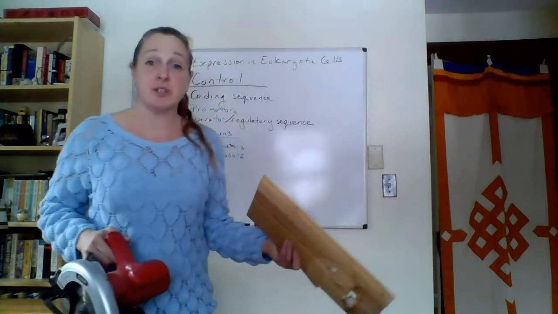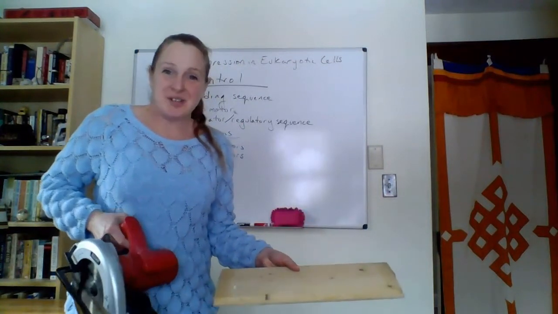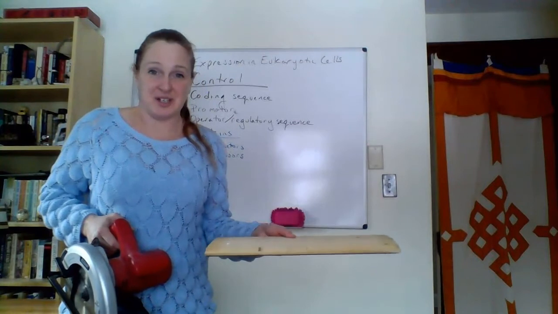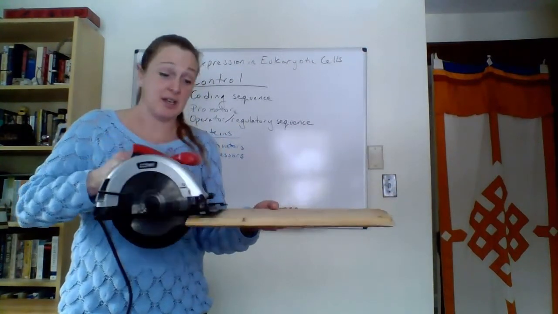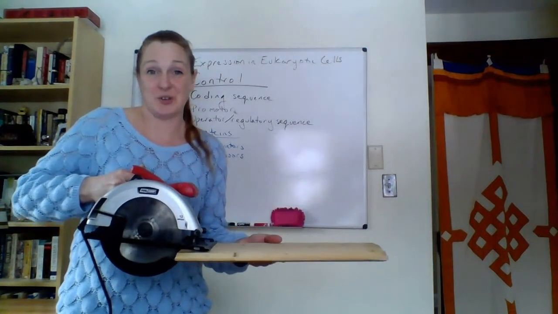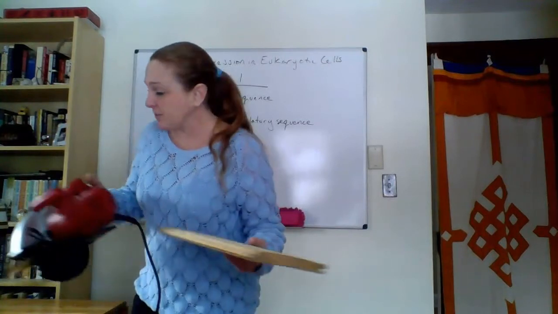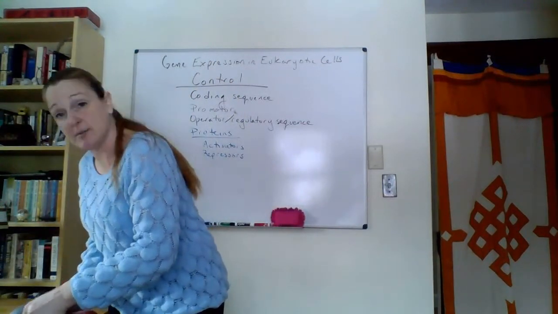So some gene expression happens that way. Other times, I don't want my gene expressed. I add my safety switch, I take out the electricity, and nothing can happen. Essentially, my gene expression is turned off. And that's really what you're looking at when you start to get into your case study on the stickleback fish.